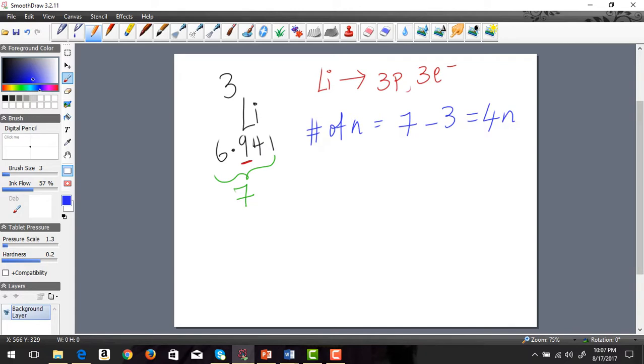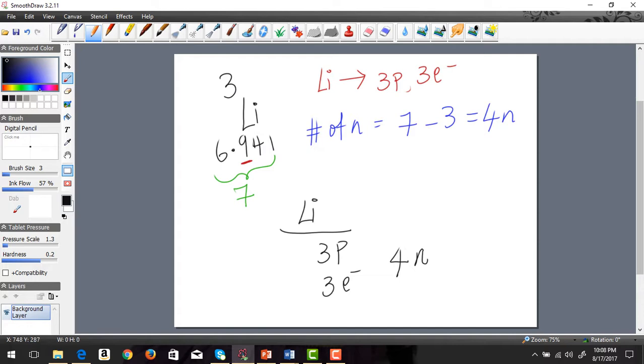If you have to go back and summarize everything, lithium has 3 protons, 3 electrons, and 4 neutrons. Does that make sense?